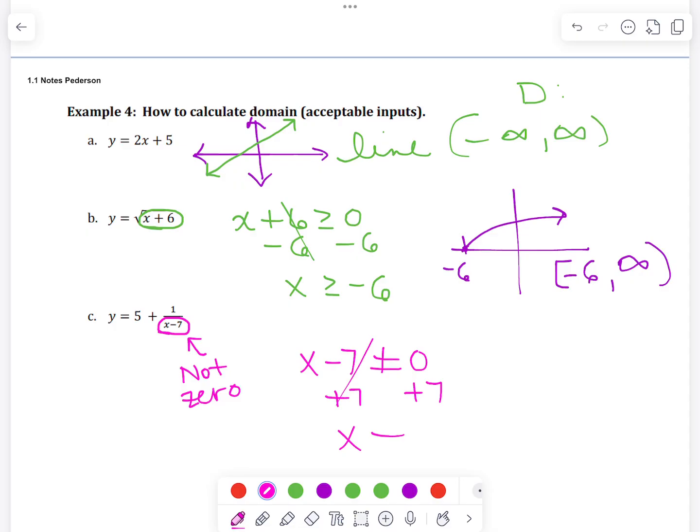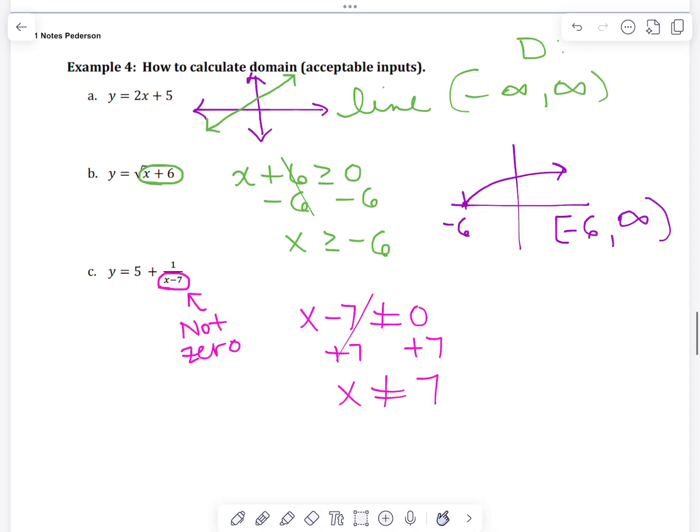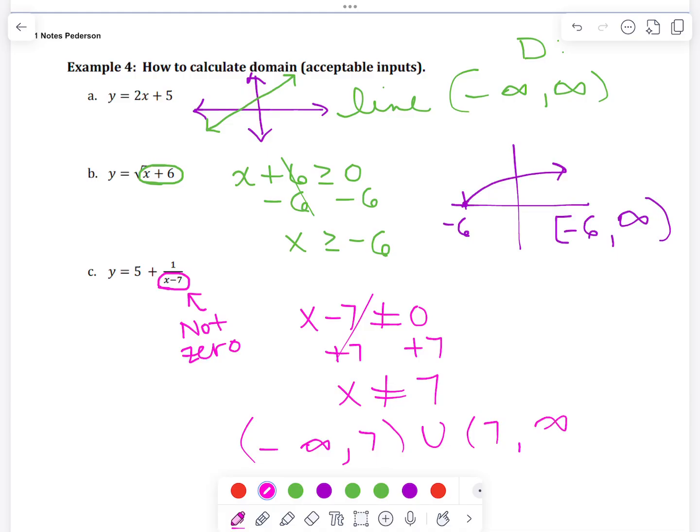So we say x cannot be 7. So it's everything but 7. So that is our domain, everything but 7. Or we can write it like this, negative infinity to 7, or 7 to positive infinity. That's a couple ways to write our domain.